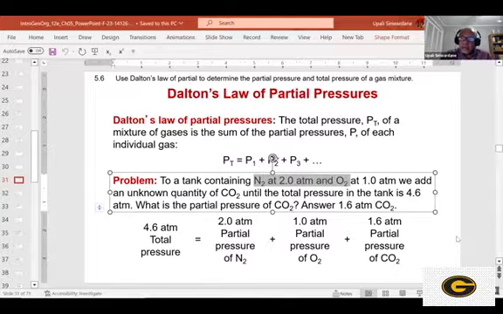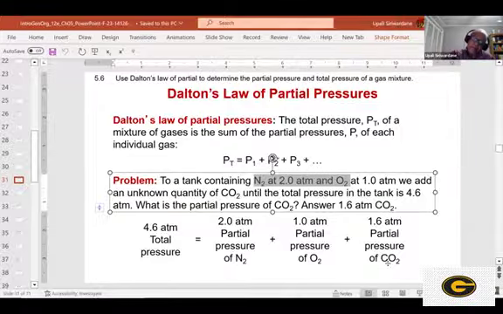You can calculate the total pressure knowing the partial pressures of nitrogen and oxygen and carbon dioxide. So these 3 partial pressures add up to the total. If you know the total pressure and 2 of the partial pressures, you can calculate the other partial pressure. For example, this problem asks you to calculate the partial pressure of carbon dioxide.